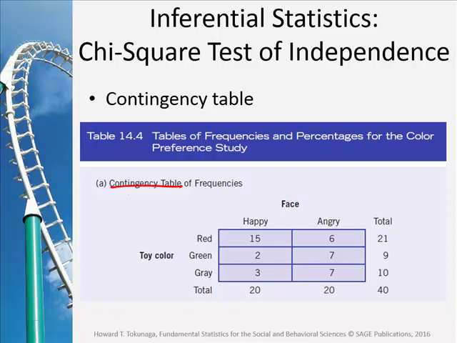When you see this, we usually think of the columns as the independent variable, and the rows as the dependent variable. So showing them the face is the cause, and the toy that they pick out is the effect. The color of the toy is the effect.